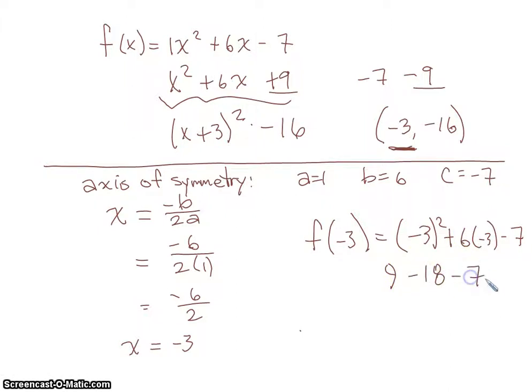And now we've got 9 minus 18 minus 7. 9 minus 18 is -9, and -9 minus 7 is -16. So the x-coordinate of the vertex is -3, the y-coordinate of the vertex is -16, so indeed the vertex is -3, -16, the same thing we got by completing the square.